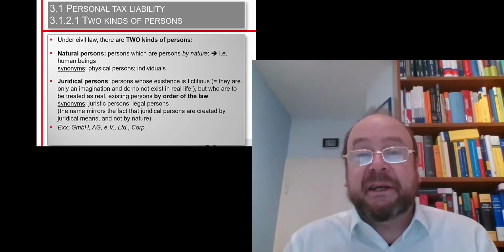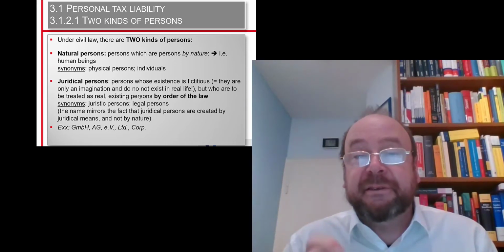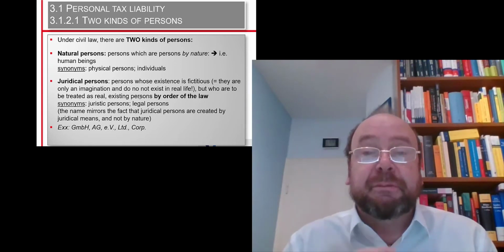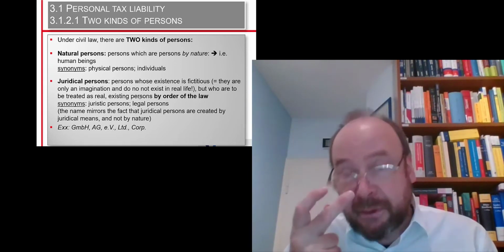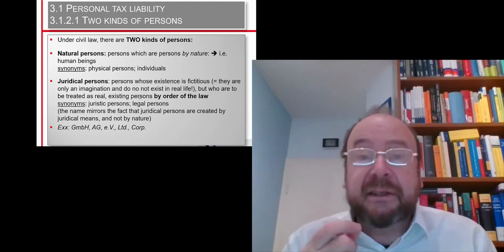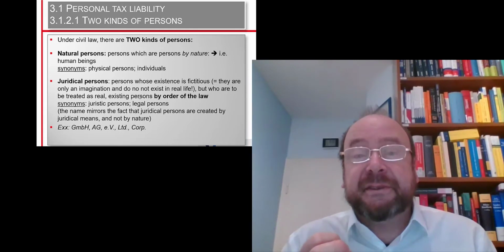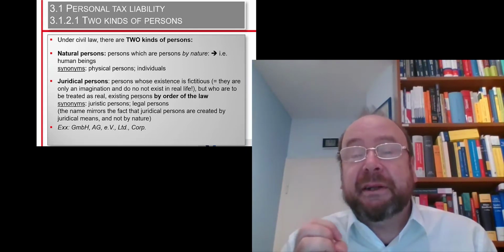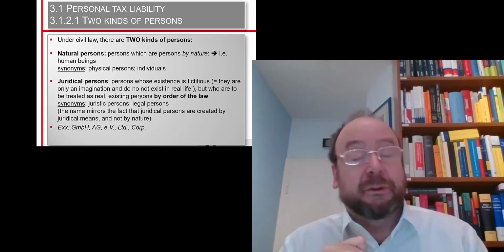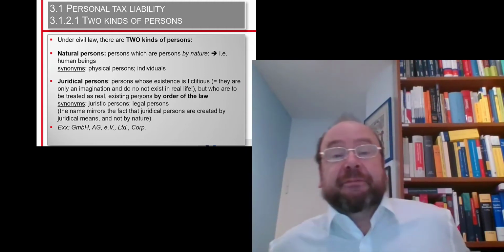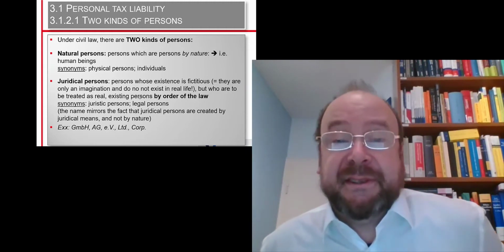So you and I cannot freely invent or create a juridical person. It's only possible if we use the mechanisms established by a law, and if then the state gives a binding order that now everybody has to act as if such a juridical person existed.